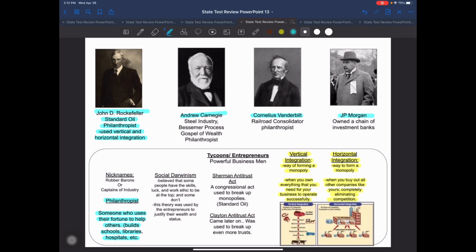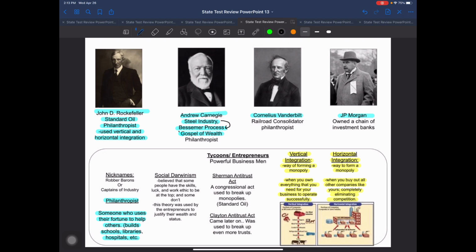Okay, Andrew Carnegie here, he is actually an immigrant. He came to the United States of America with his family as a younger boy, and he was extremely poor, and he worked his way up through the railroad industry at first and then stretched out into the steel industry. And again, the only reason his steel industry was successful is because of the Bessemer process. He actually writes, and I can't remember if it's a book or an article, but it's called "The Gospel of Wealth."